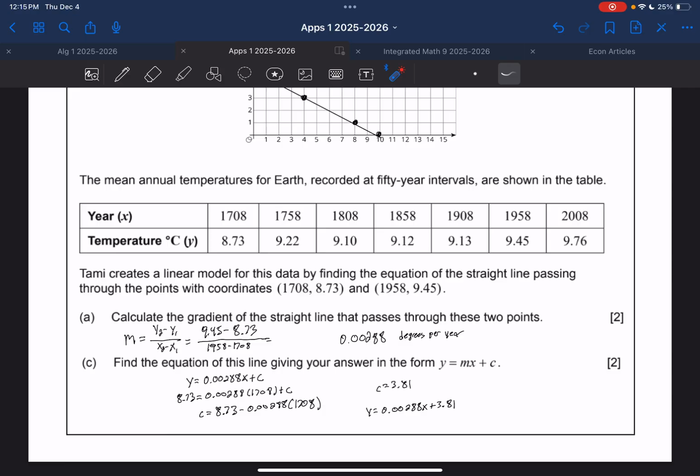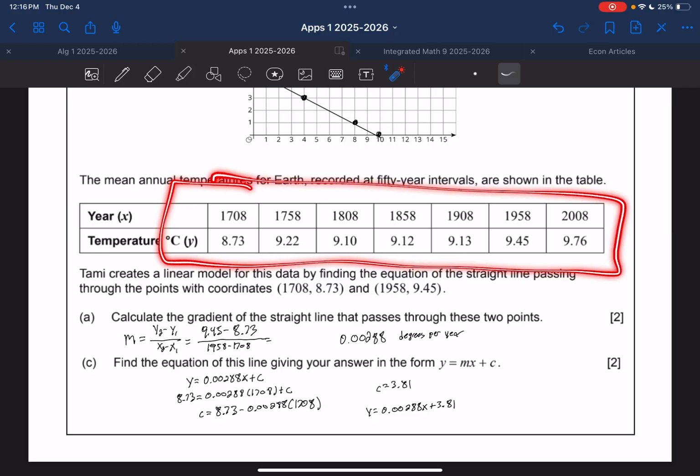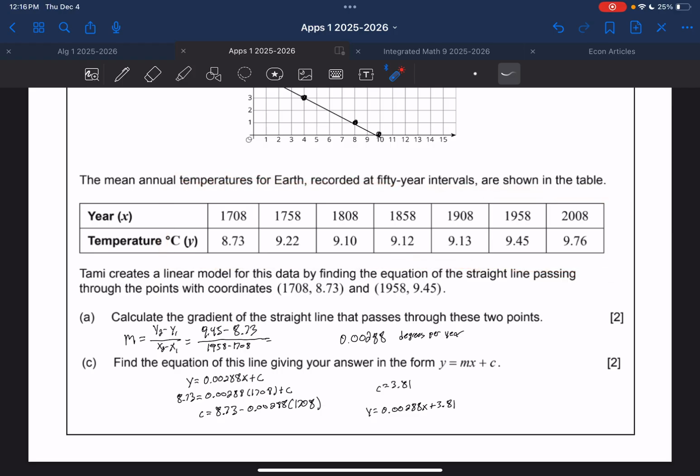Right, it's man-made changes to the atmosphere. So our model starts around the start of the Industrial Revolution, and it's probably a poor predictor of what came before 1708. So we would be hesitant to extrapolate our model beyond the time frame for which we have data.